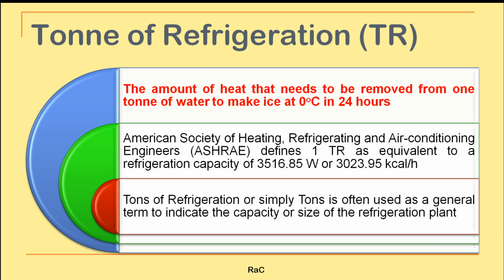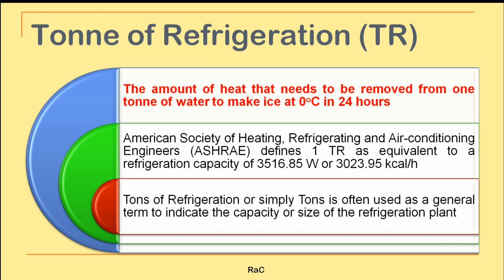The amount of heat or thermal energy that needs to be removed from 1 ton of water. You know that when we need to convert ice to water, we need to supply heat to it. Similarly, if you want to convert water back to ice, that is a phase change process from liquid to solid, we need to remove heat from water, so that the water will get solidified.